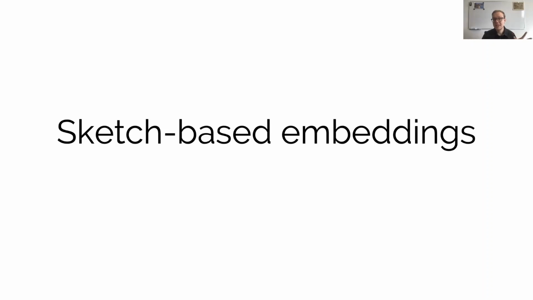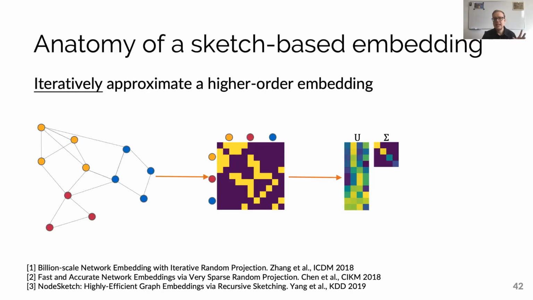The methods we are covering now are sketch-based embeddings. A sketch is basically an approximation of the information that we would get. It's very similar to factorization in the sense that a sketch provides us some compressed information about the original matrix, but it doesn't really strive for exact reconstruction.